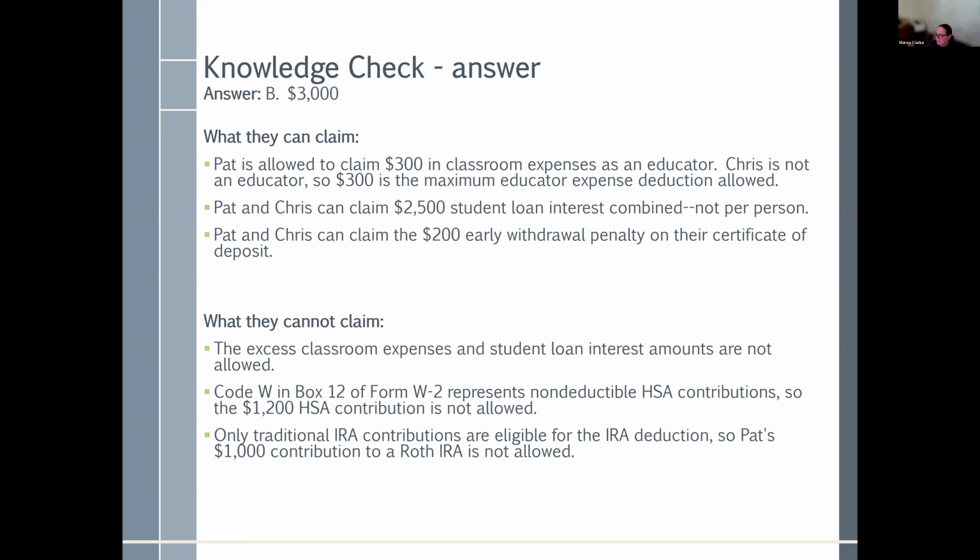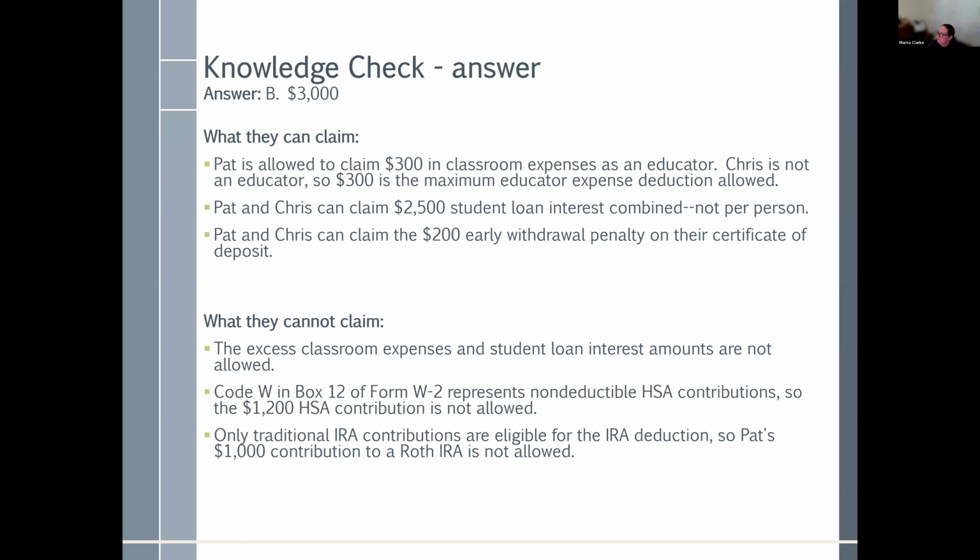The extra classroom expenses, I talked about that. The W-2, that HSA contribution, that is a non-deductible HSA contribution because it's already been adjusted for in their wages. So they can't take a second subtraction for it.